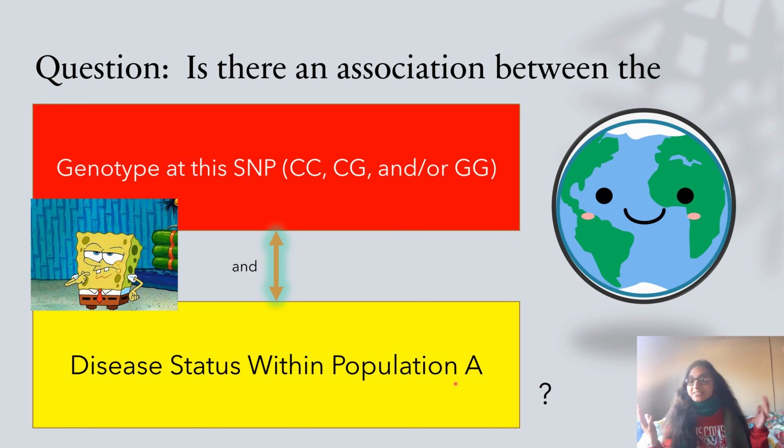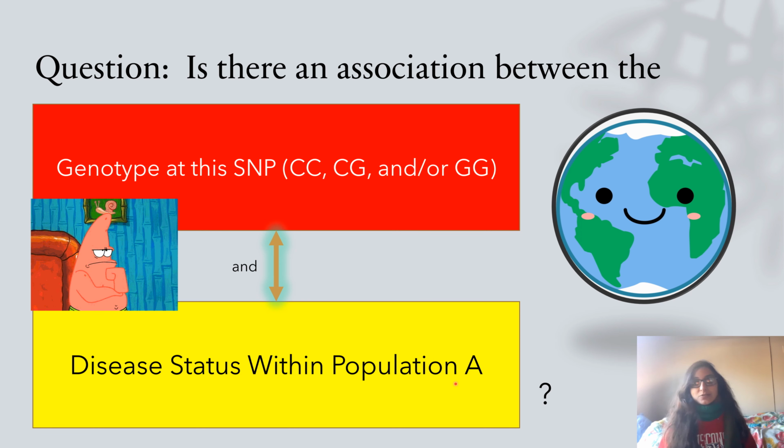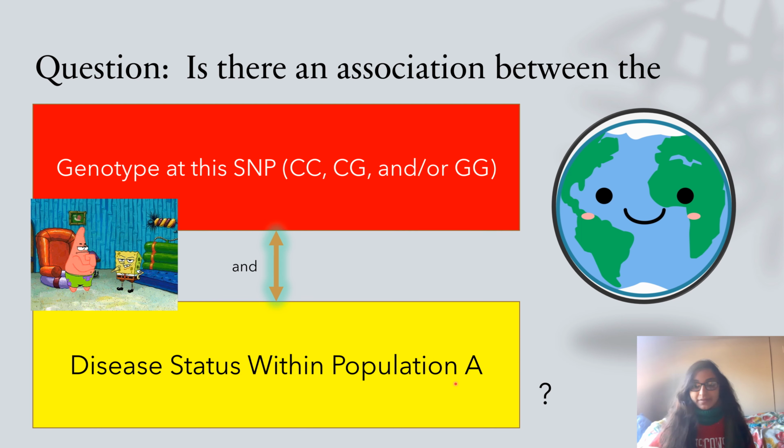Is there some association, some sort of connection that we will then have to investigate further? That's what we're trying to do. So the main question again is: is there an association between the genotype of this SNP, and here we have 3 genotypes, and the disease status within population A?